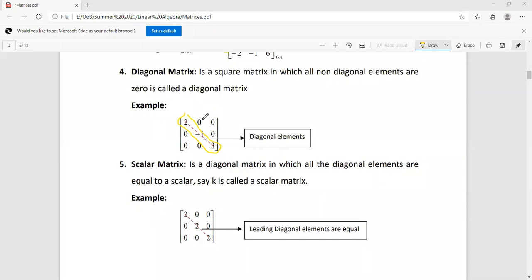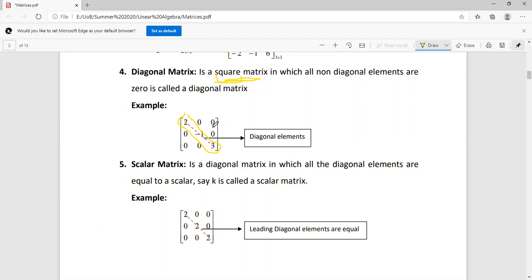So you see, all elements which are not on the diagonal, they are zero, and elements on the diagonal are non-zero. We call this a diagonal matrix. Okay, so any square matrix, so first thing is it has to be a square matrix. This is first condition. If a matrix is a square matrix and all diagonal elements are non-zero and off diagonal are zero, then it will be called a diagonal matrix.